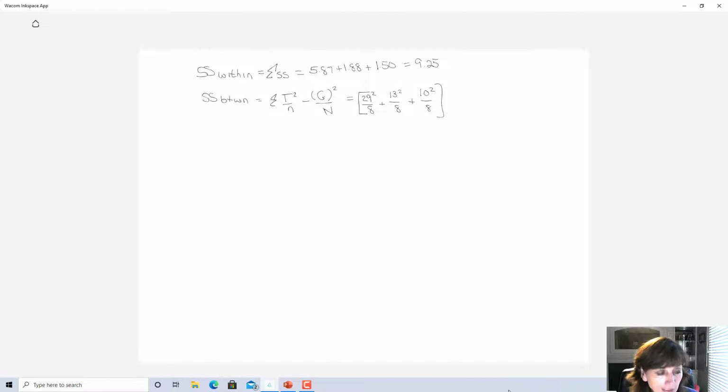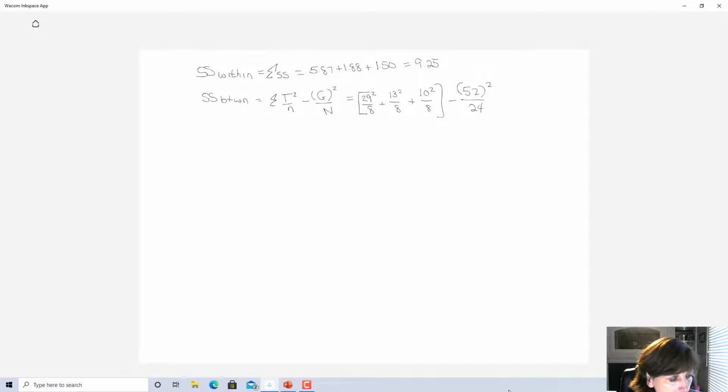Again, for each condition, I've simply taken the T, squared it, and divided by my little n. That's only the first part of my formula, sigma T squared divided by n. I also have to subtract G in parentheses squared divided by big N. Remember, G was 52. I'm going to square that, divide by 24.